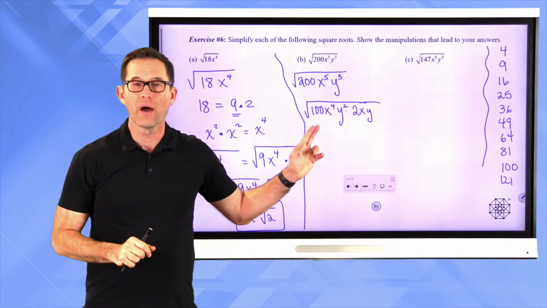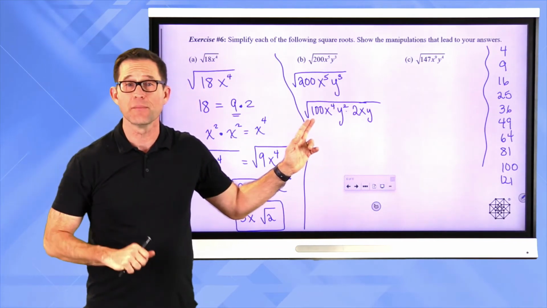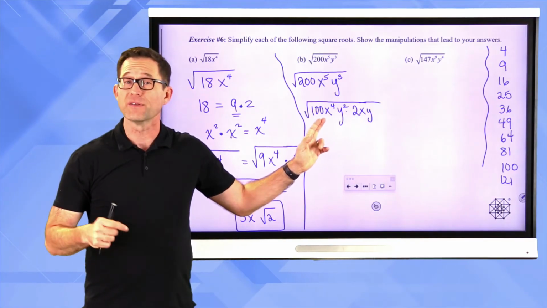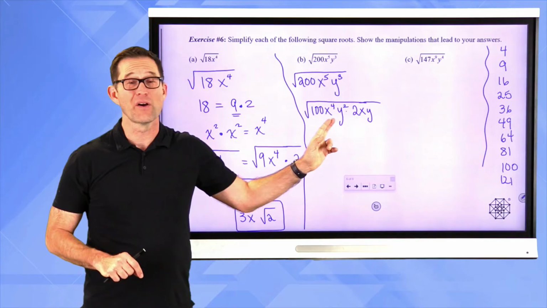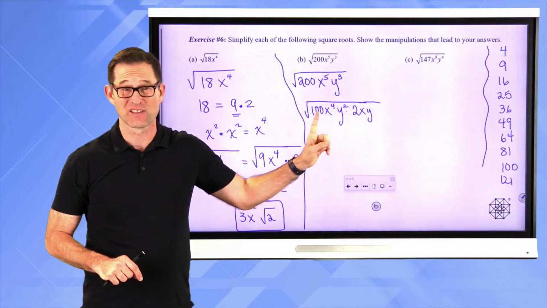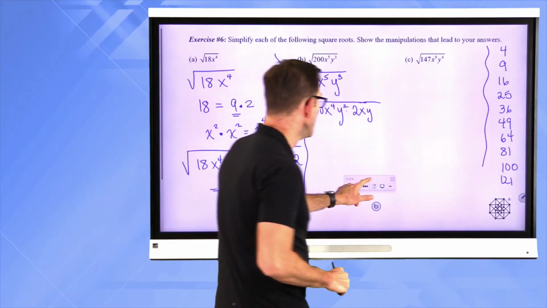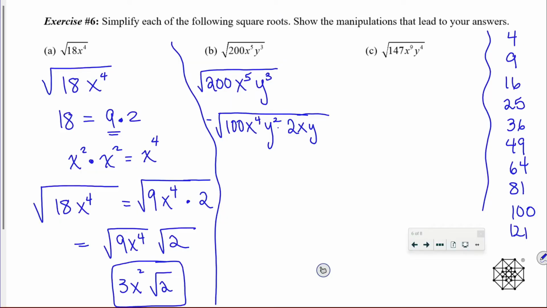All right, 100, its square root's nice. It's going to be 10. X to the 4th, its square root is nice. It's going to be x to the 2nd. And the square root of y squared, you don't get any nicer than that. That's just going to be y to the 1st. So now I can break this into the square root of 100 x to the 4th, y to the 2nd, times the square root of 2xy.